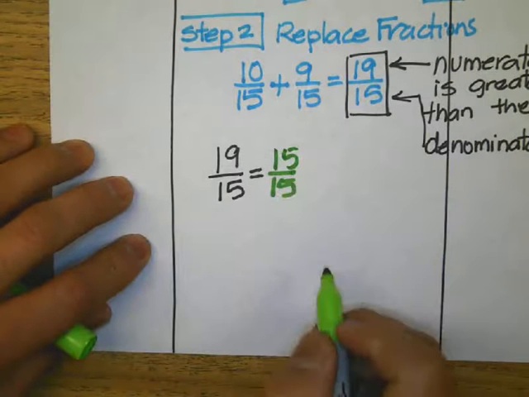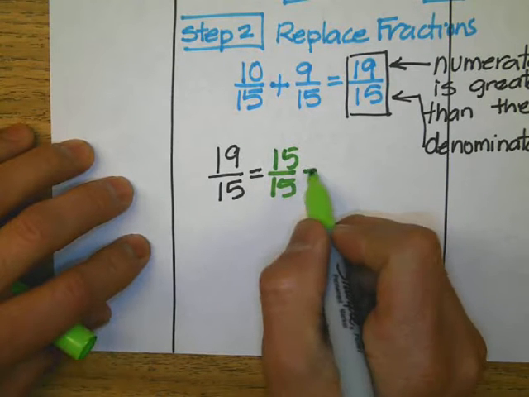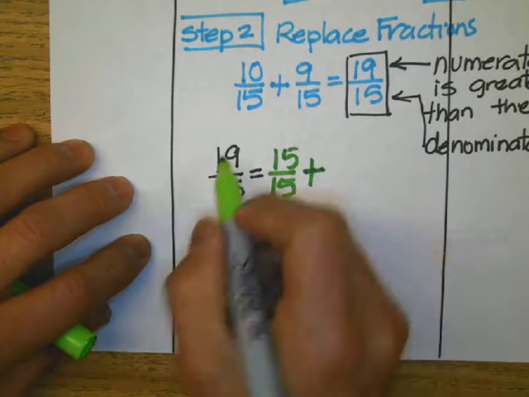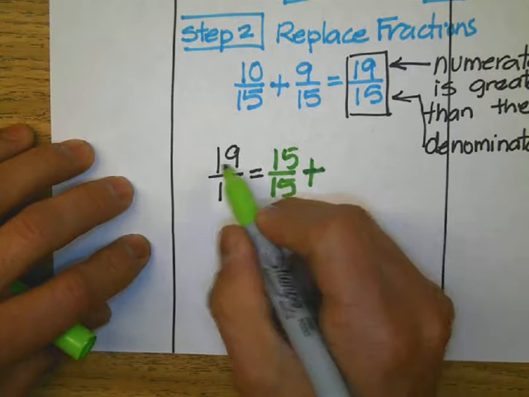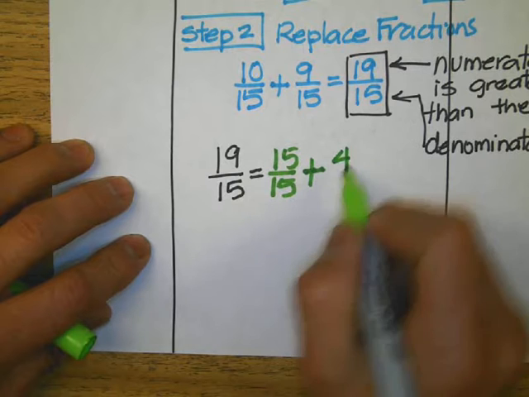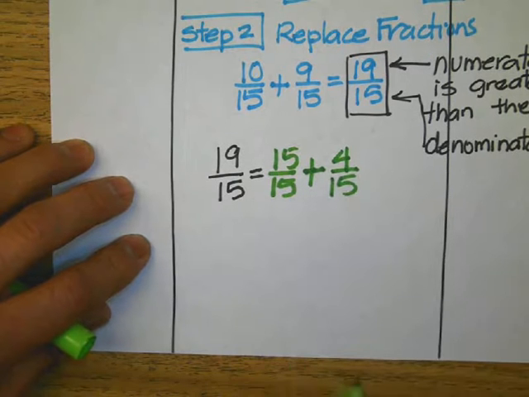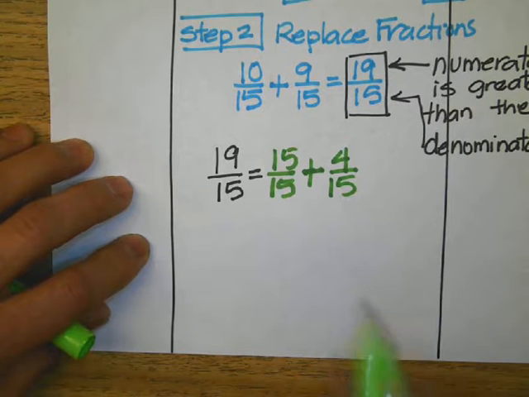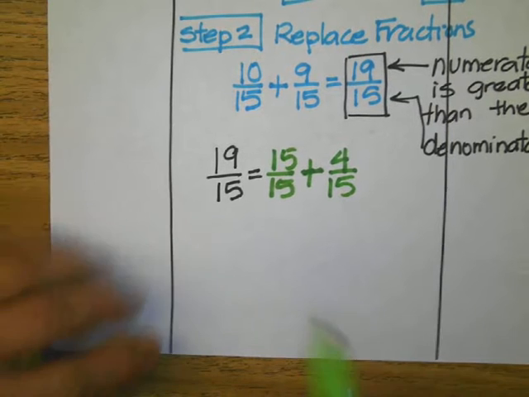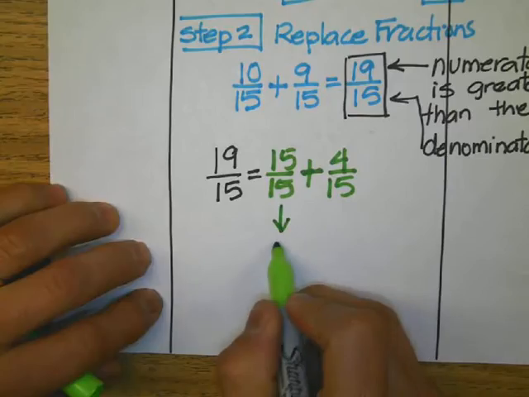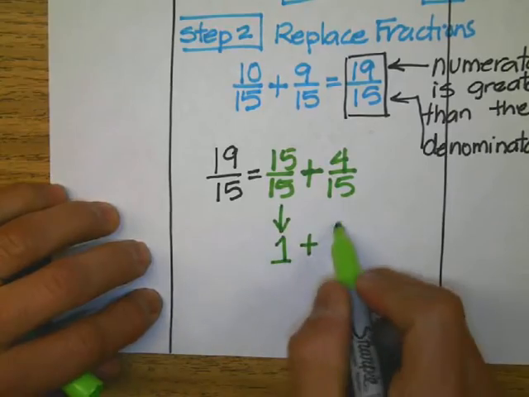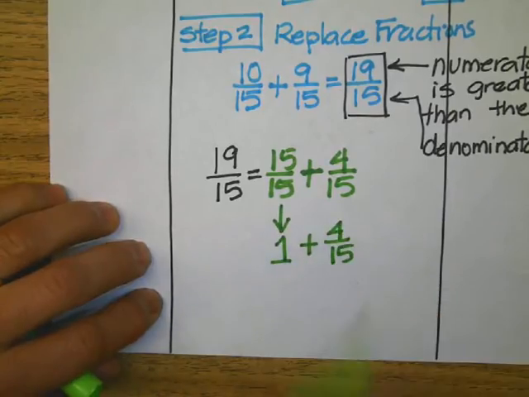This is going to equal 1, plus 15 plus 4 will equal 19. Here's the 4 over 15. Now, why do we do that, my friends? Because we're going to convert. Now this is going to convert into one whole, and then we add it to that 4/15.